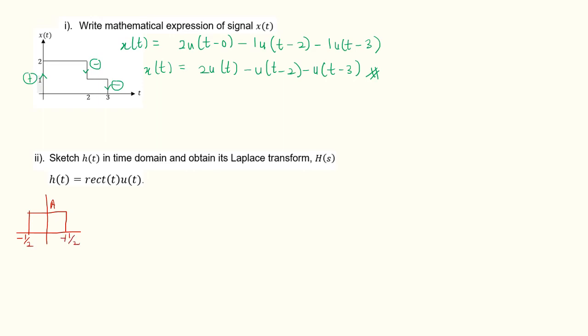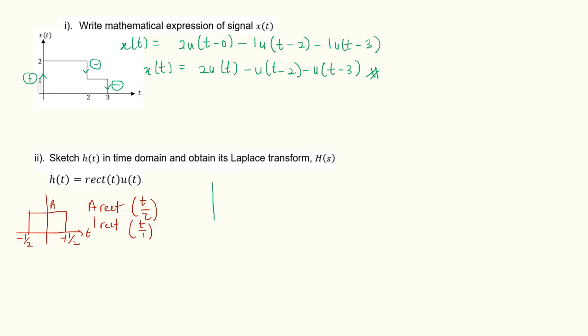The equation is A rectangular t over tau, where tau is the width of the rectangle. Compared to the given equation, it's 1 rectangular t over 1. Therefore, the magnitude is 1, and the width tau is 1 as well.